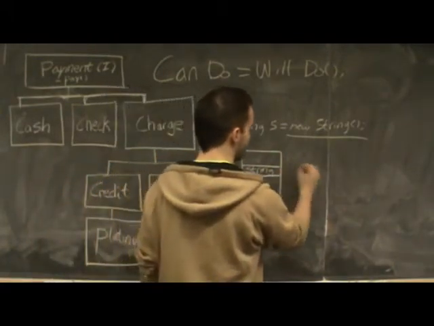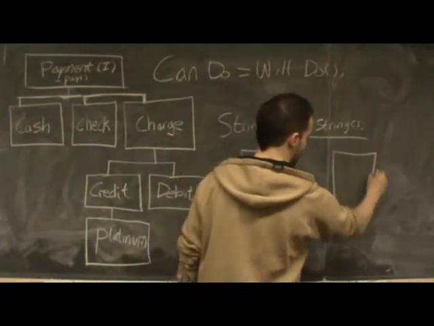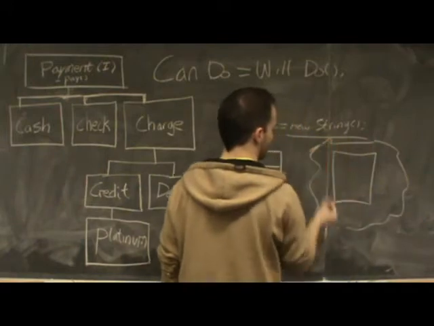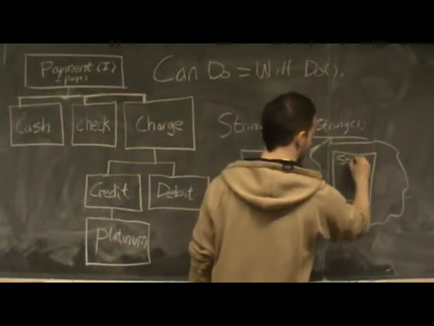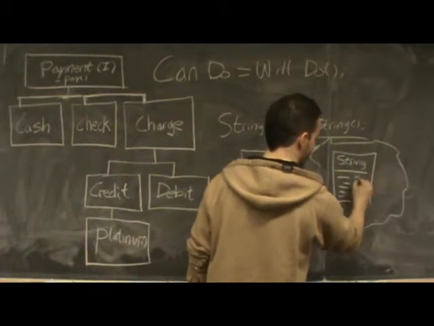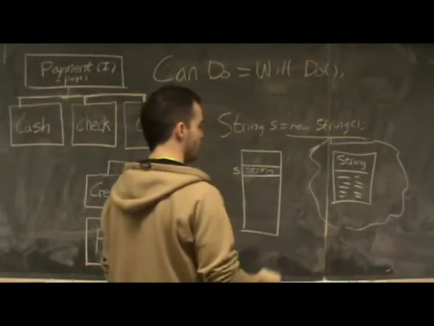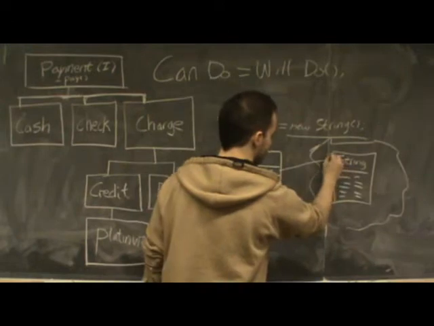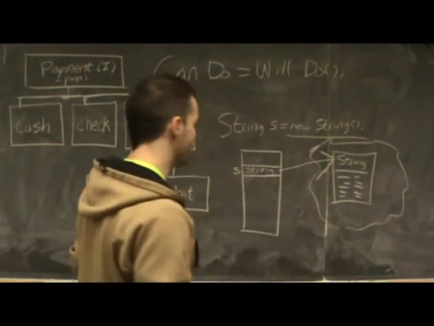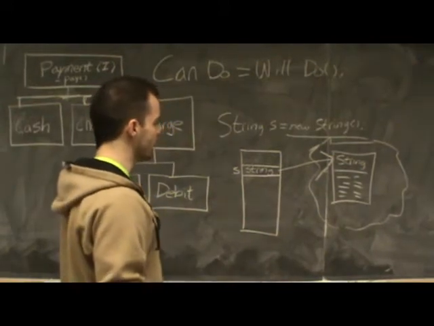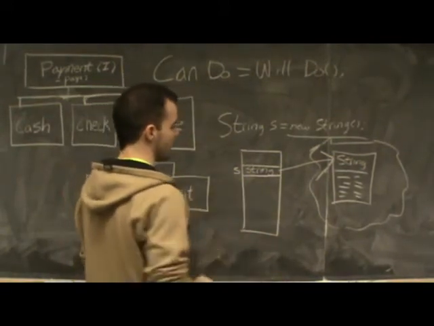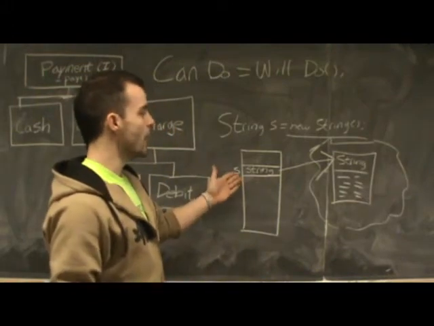And what it actually does when it creates this string object is it creates it somewhere out here in La La Land in this big magic pile of memory, and it gives it all these string properties and methods, and then it just points to it, or references it. So we know that when we refer to s, we're referring to a string object.